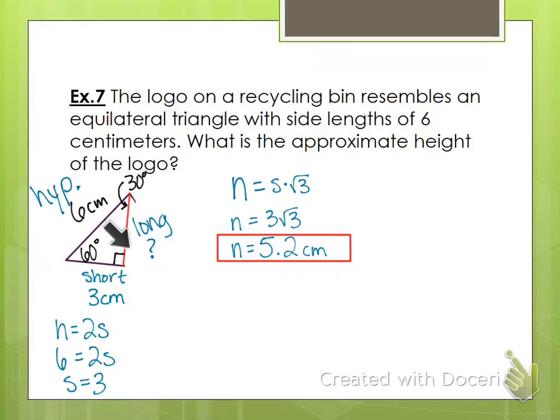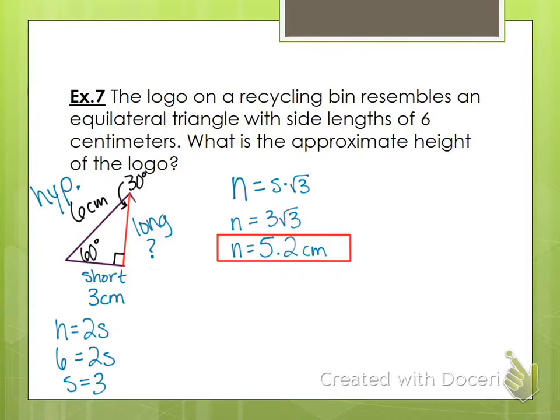If I'm looking for the long leg, I should expect it to be in between 6 and 3 centimeters on this problem. That doesn't mean just because it's in between those it's definitely right, but it would mean it's at least reasonable. We all see the logic here? So you can kind of self-check along the way, think about whether or not your answer is even a possibility.